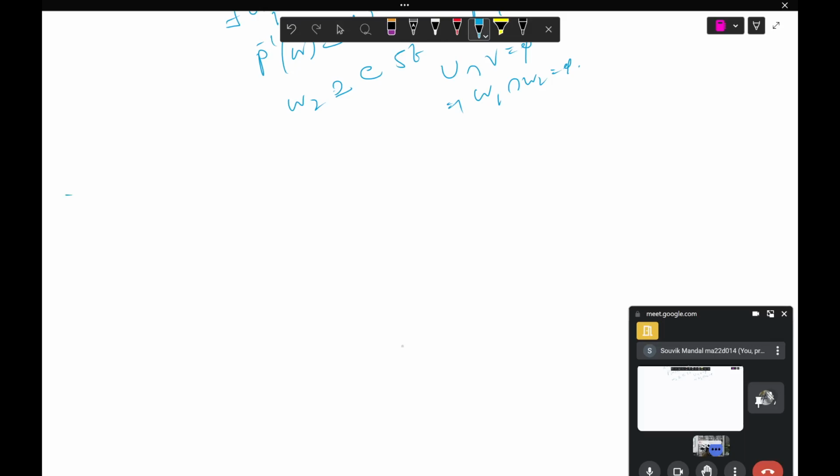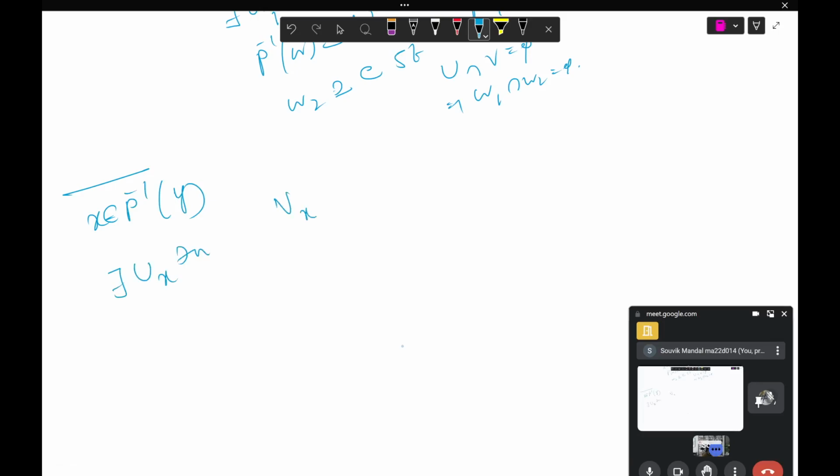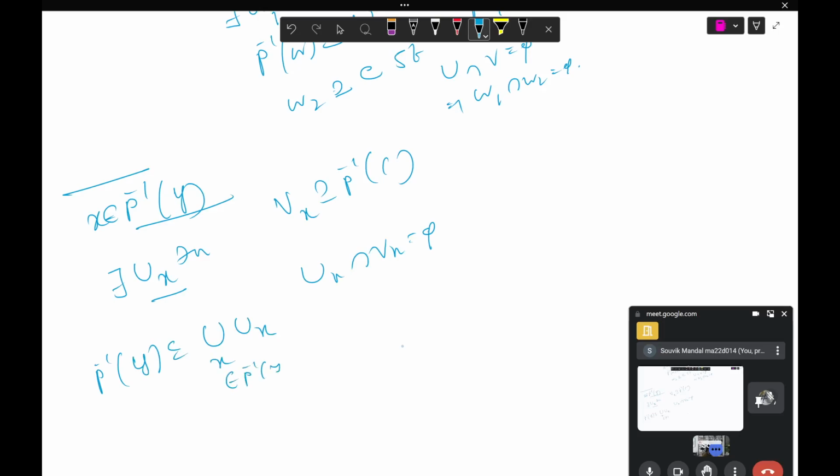Basically, we started with x belonging to P inverse y. So we get a neighborhood Ux containing x and a neighborhood Vx containing P inverse C such that Ux intersection Vx is empty. Now P inverse y is compact. Since Ux contains x, the union of the Ux is an open cover, so we can have a finite subcover: P inverse y is contained in Ux1 union ... union Uxn.